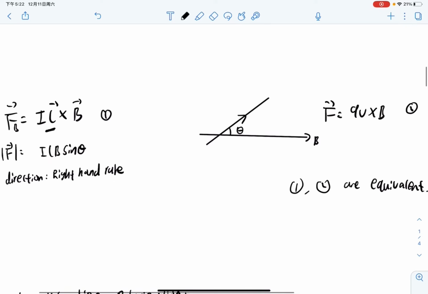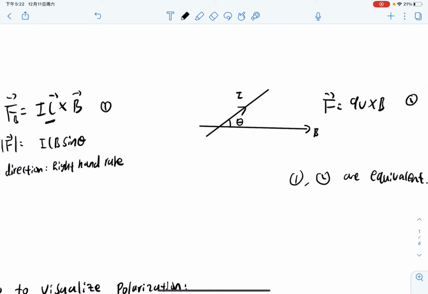For this case, you have a current going in that direction, and B is going that direction.